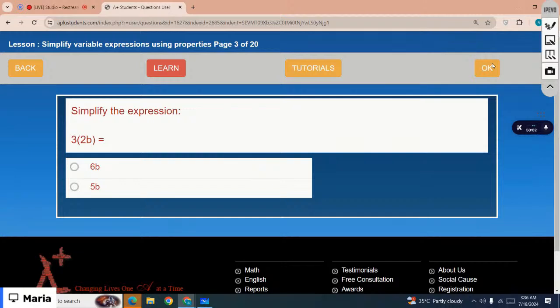The correct option is 6b. Option number one is the correct option.